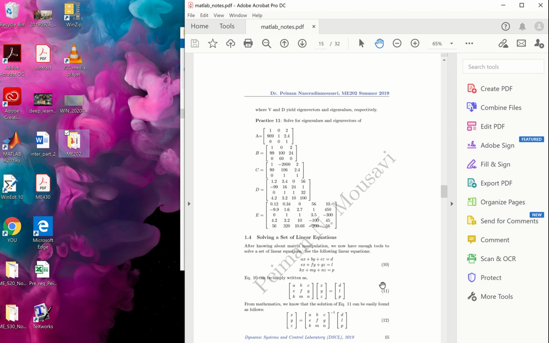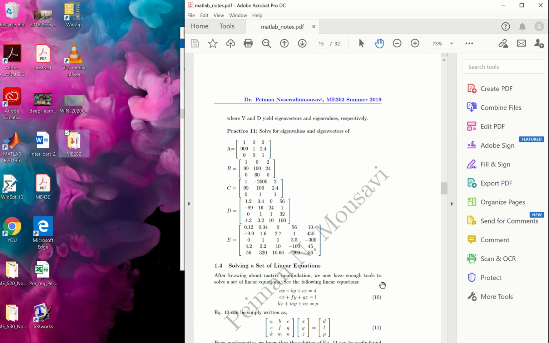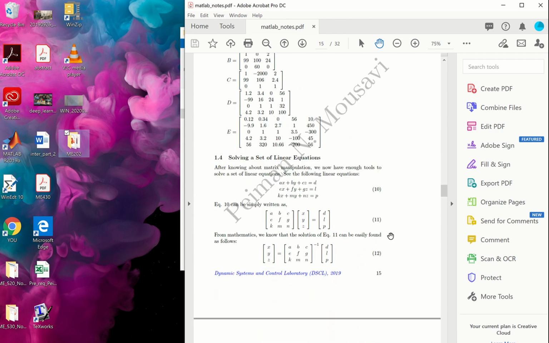We were here: eigenvalues and eigenvectors of a given matrix, which I told you you're going to use in many courses, specifically in vibration, robotics, and nonlinear control, when you're linearizing around a point and you calculate the Jacobian matrix, and many other things. And on graduate control, we can use it at the same time.